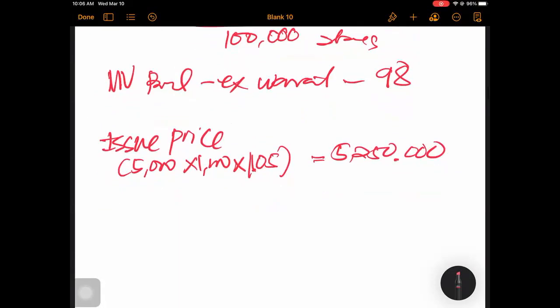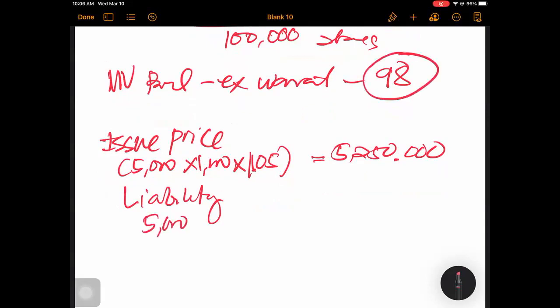So next, we identify how much the liability component is. Since the market value ex-warrant is given as 98, that's 5 million face amount of the bond, which is 5,000 times 1,000 times 0.98.